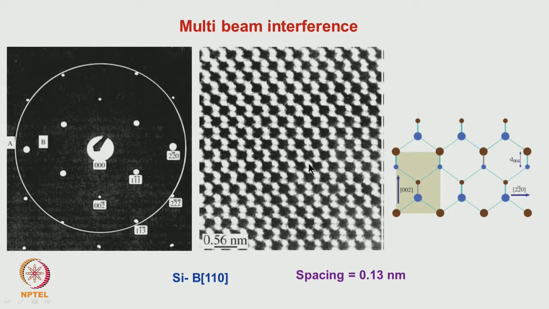One point which becomes very clear is that what we are seeing here does not truly represent the lattice fringes. This arises because the fringes corresponding to one 1 bar 3 and another 1 bar 3, if they interfere, will correspond to 004. That is how we are getting it.